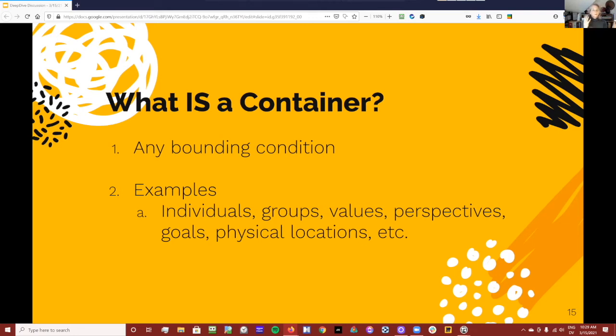Containers can be permeable or impermeable. They can be obvious or they can be invisible. They can be social, physical, emotional, musical, and there are always multiple containers, and those containers are massively entangled.